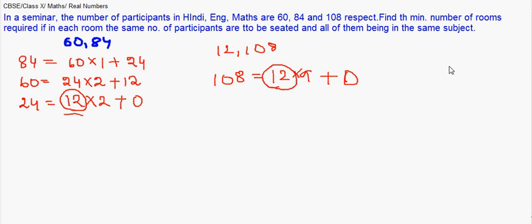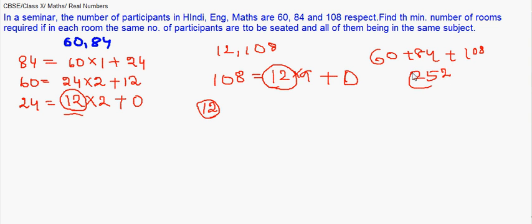Now if 12 is the maximum number of participants seated, what is the total number of participants? 60 plus 84 plus 108, that's giving me 144, and 108, that's giving me 252.